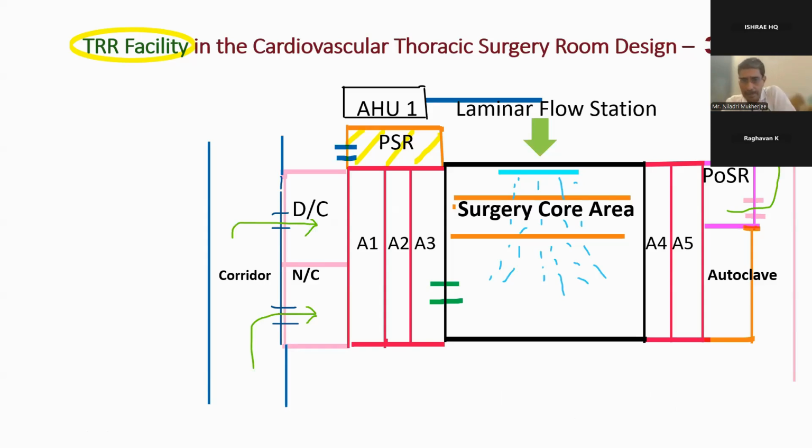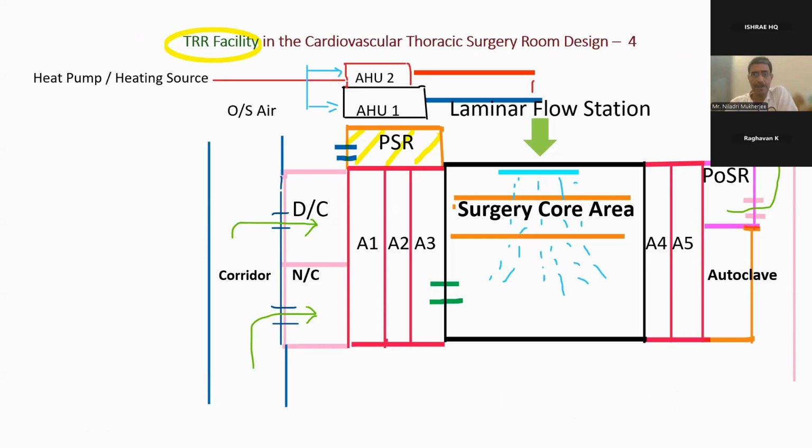So this is an HU. First, I'm putting up HU1. This is coming to the laminar flow. This HU is a dedicated HU for the surgery room. Then there is HU2. This HU2 is connected with a heat pump.